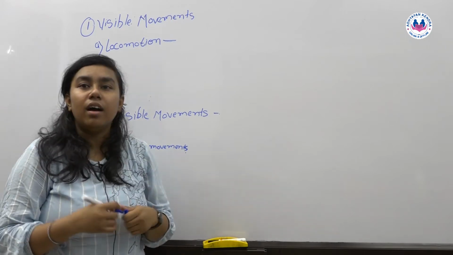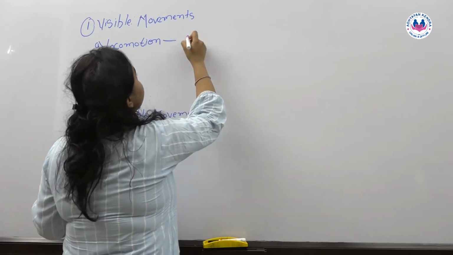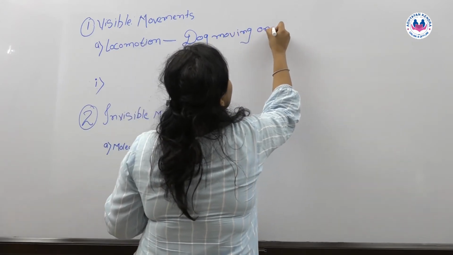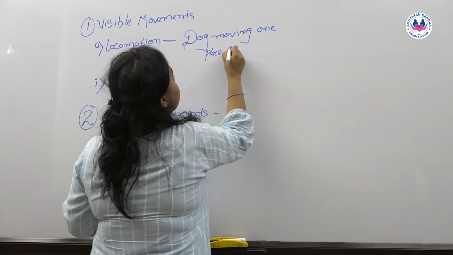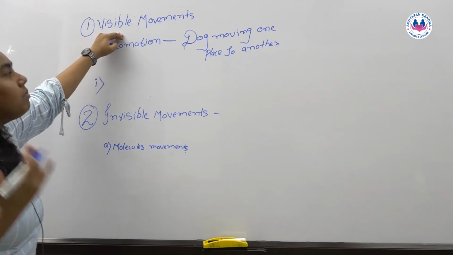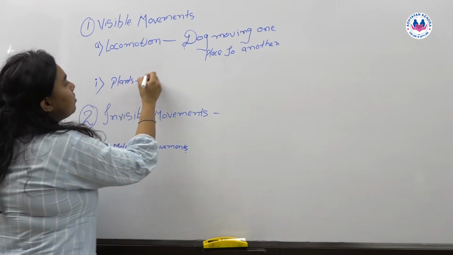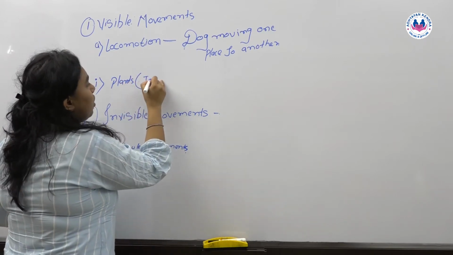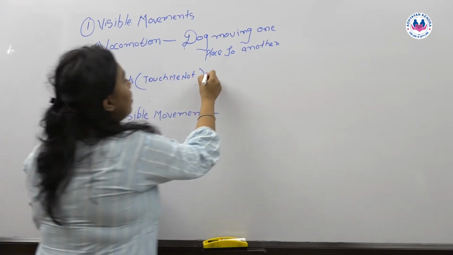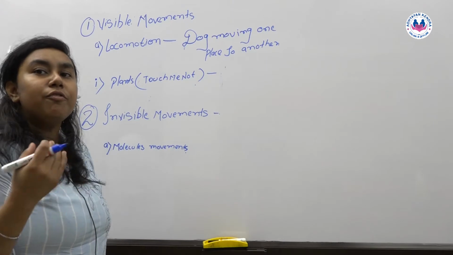Locomotion is basically an animal or a plant moving from one place to another, like a dog moving from one place to another, which is a visible thing that we can see. Another example is the plant touch me not, which is also a visible movement, but we can't even feel it.